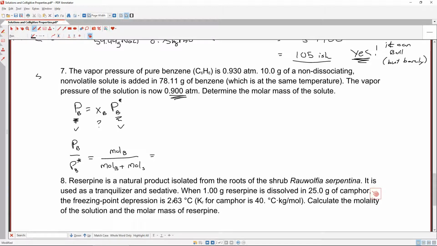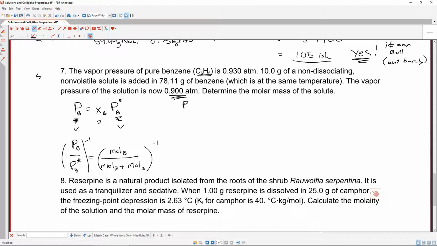Okay, we can calculate moles of benzene. We have this molecular formula, so we can get its molar mass. I'm not going to worry about that. And I don't know how many moles of stuff I have. I need its molar mass. So this is equal to moles. In fact, I'm going to flip this. To make it easier on myself, I'm going to raise each side to the negative first power.